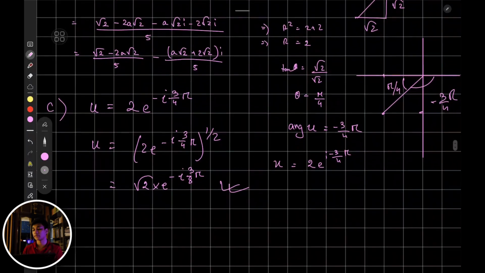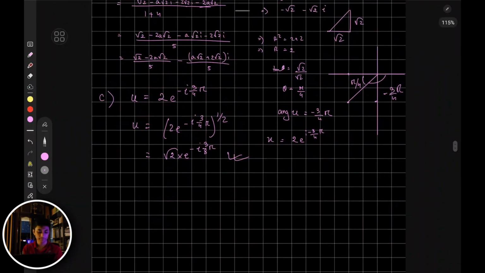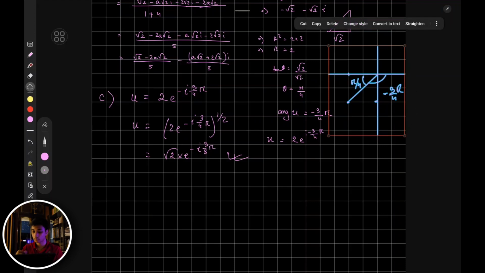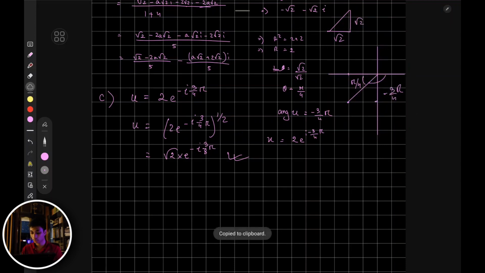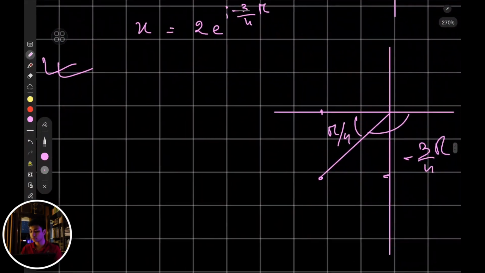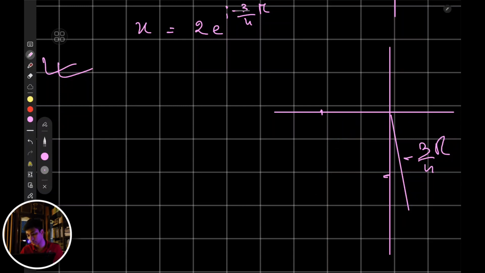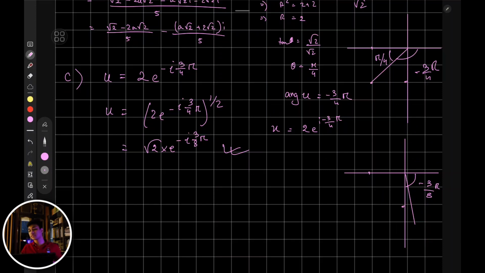If I copy that Argand diagram, minus 3/8 is going to be somewhere like this, right? So this is one value of theta, minus 3/8 of pi.